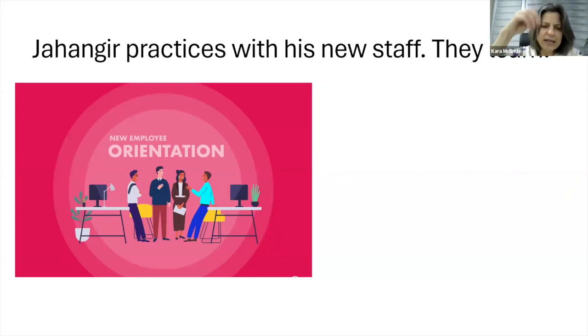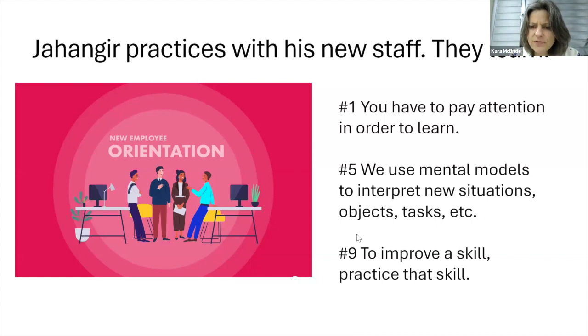Let's go back to the filing system. To train them, he decided he's just going to do filing with the staff, and he's supporting them as they learn the system. And after practicing with them, they learn the system. Success. So what principle is functioning there?